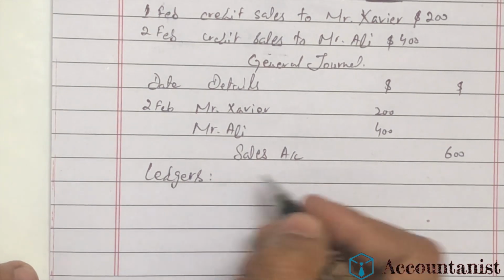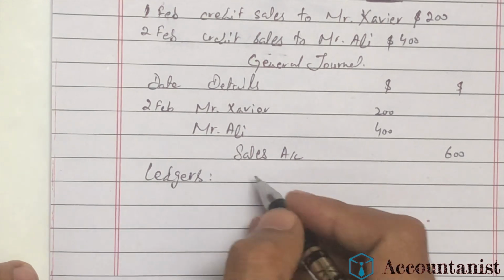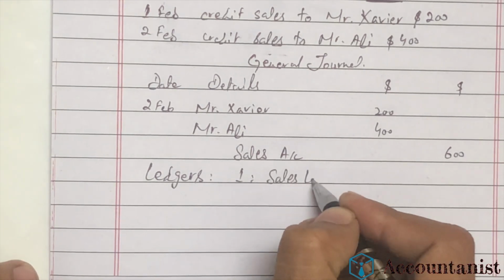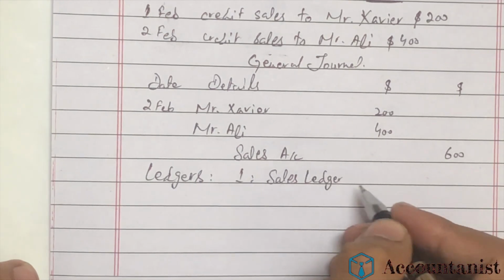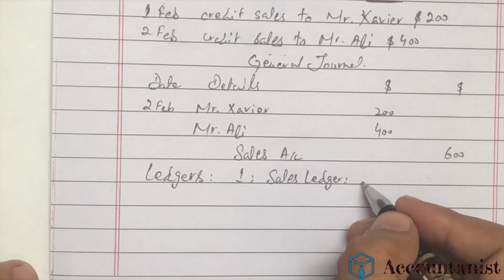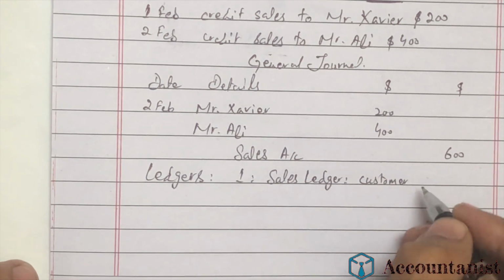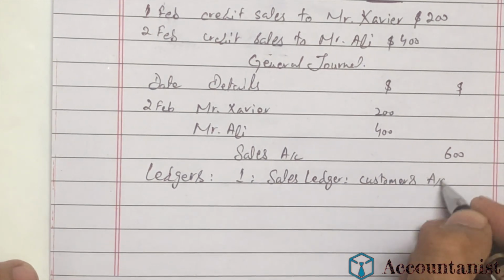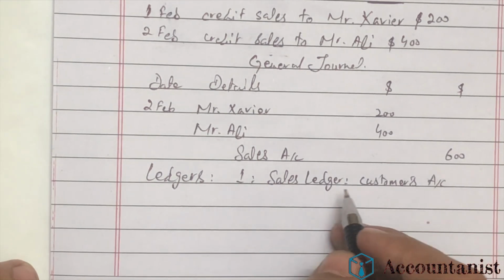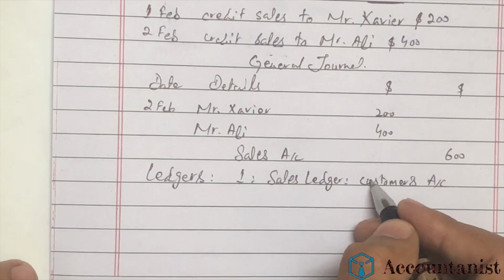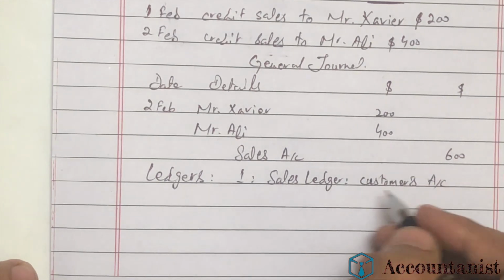How many types of ledgers do we have? Number one, we have the sales ledger, in which we make customers' T accounts, only customers' accounts. So the customers who have not paid us, meaning the credit customers.